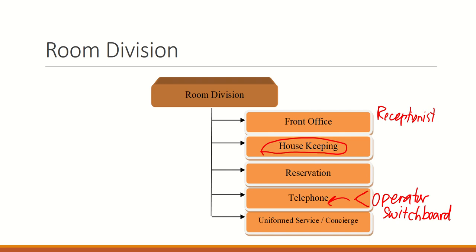And then the last one is uniformed service and concierge. This is also mentioned in the assignment, right? Some of you might not understand what it is because it is not familiar.